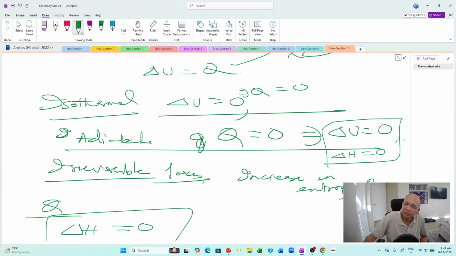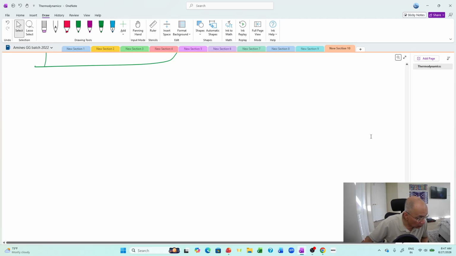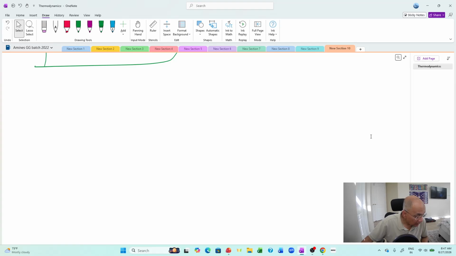Because there is no volume change, you just come back to the pavilion. So the original P into V is restored. Therefore, del H is equal to 0 in a cyclic process. Not isochoric, cyclic.